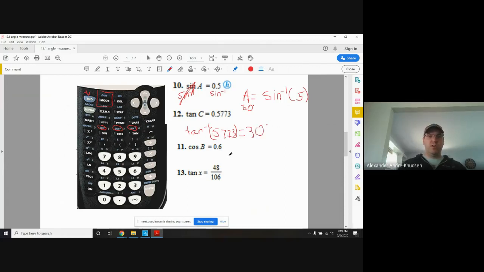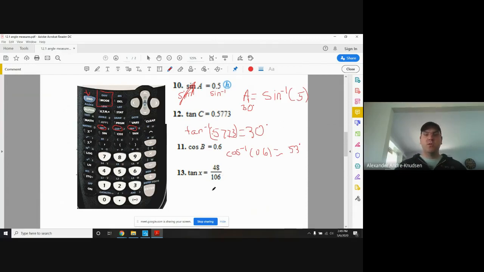This one would be the cosine, inverse cosine of 0.6 equals 53 to the nearest degree, or 53.13 if we were using a couple decimal places.